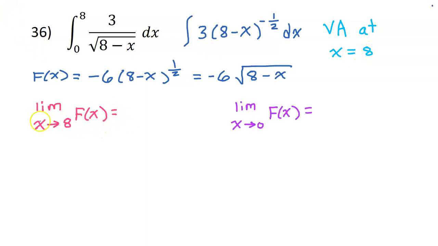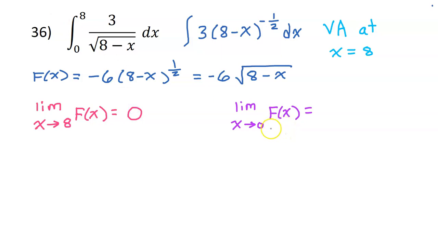Next, we need to find the limit as x approaches 8 and the limit as x approaches 0. We can find both of these limits by direct substitution. If we substitute 8 for x, we get 8 minus 8, which is 0. So that makes this limit equal to 0.